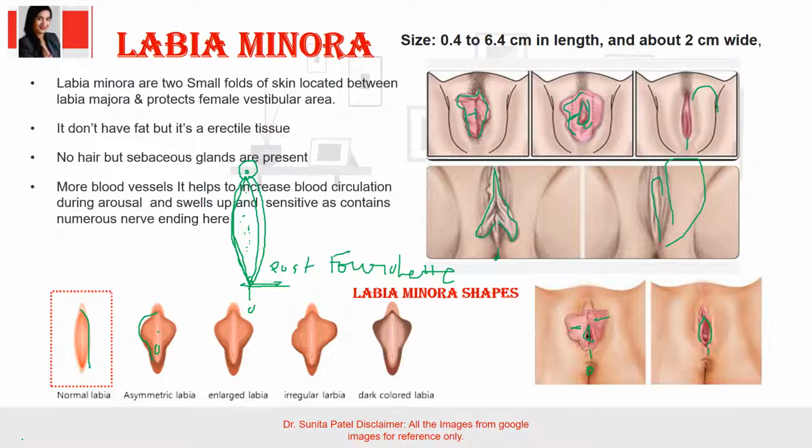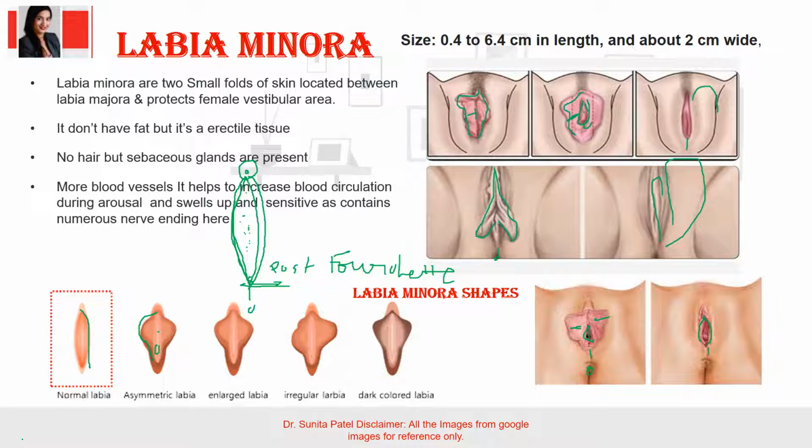So too much blood supply is there, and whenever a female is aroused for sexual activity, because of the lot of blood supply, the area goes for erection, and we can see a lot of swelling, an edema kind of change around the labia minora. And this particular region will be more pinkish when the female is sexually aroused.